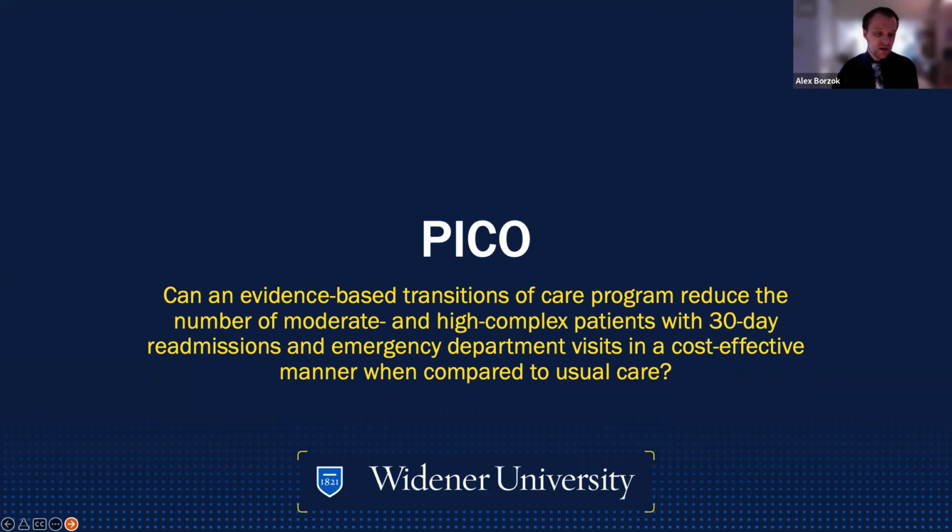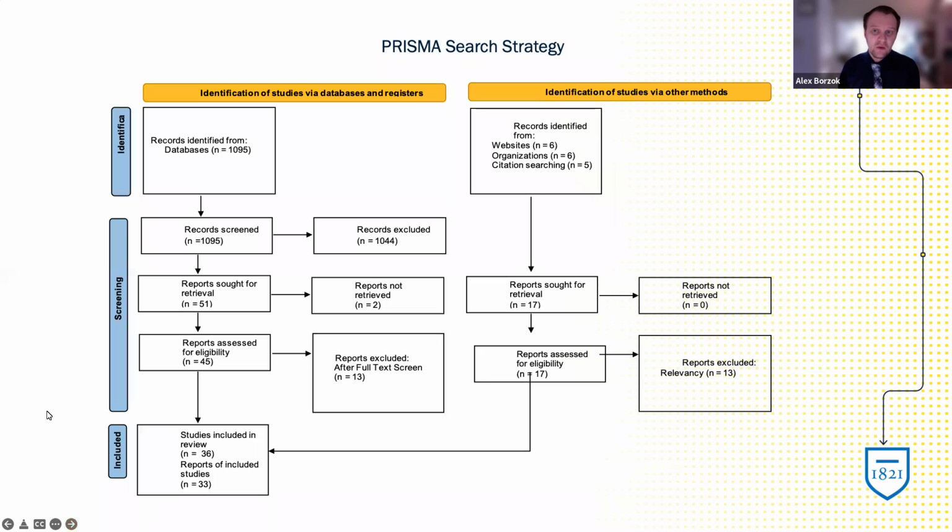So I did do a literature review utilizing the JBI, Joanna Briggs Institute, method of evaluation and leveling of the evidence that has been published, and took 1,095 records that were identified through various databases, including PubMed, CINAHL, EBSCOhost, all that, as well as a search through the gray literature.